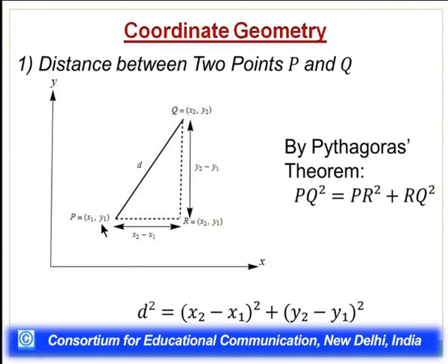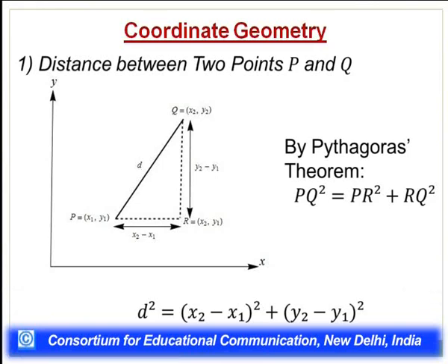The point P is represented by the coordinates x1, y1, and the point Q is represented by the coordinates x2, y2. Let us suppose the distance between the point P and the point Q is represented as d, and it is for this d that we want to find a mathematical expression.